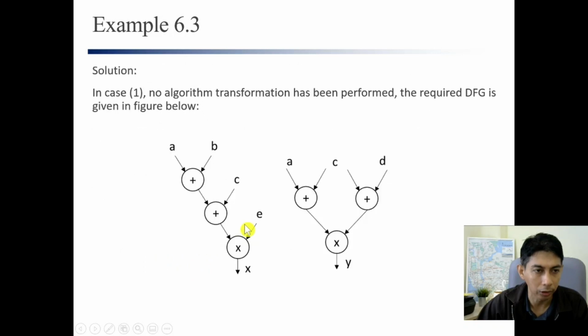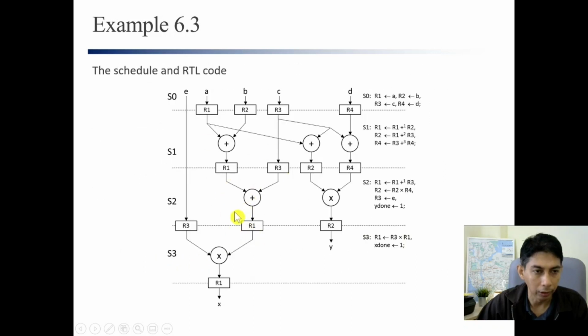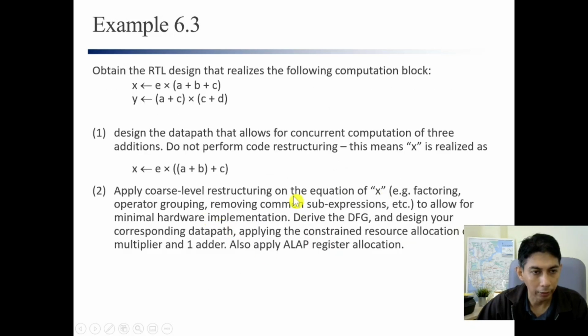So we cannot use this design, and we need a new schedule and allocation, and of course the DFG, because we need to rearrange this equation, the x.